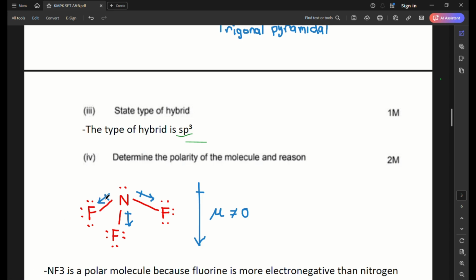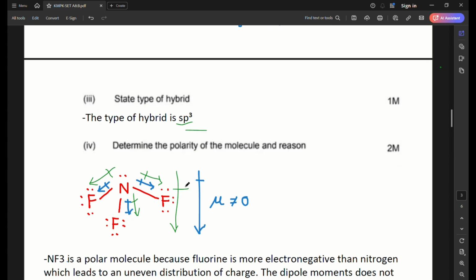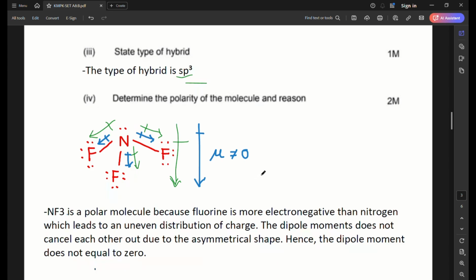It's going to be pulled towards there, also pulled to here and also pulled towards there. Hence, the dipole moment does not equal 0 because it's moving downwards.